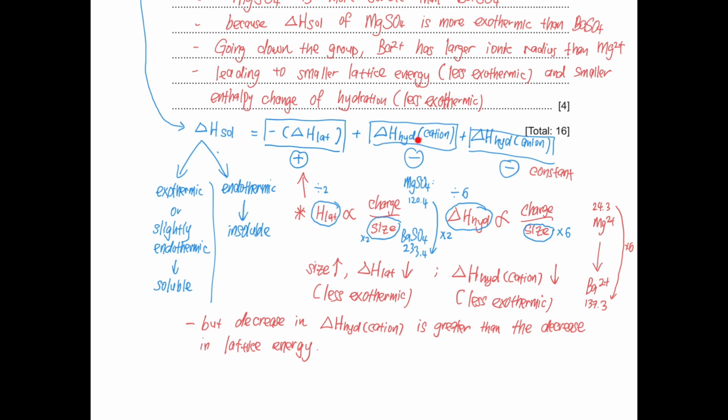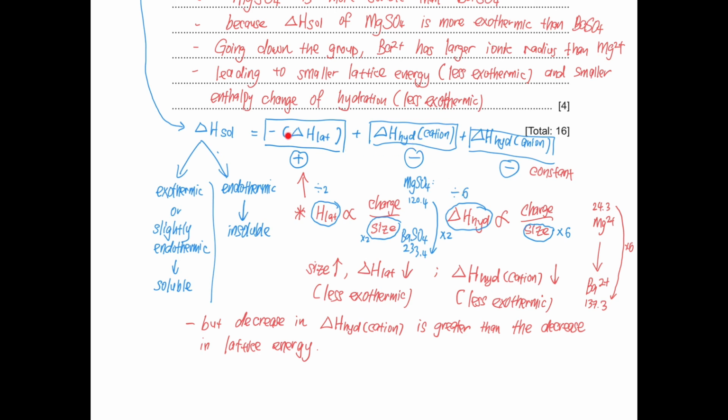But this one remained very big. You just divide by 2, it still remains a very big value. So it is still a very big positive number over here. So a very big positive number minus a very small negative number, because you divide by 6 already, it becomes very small.